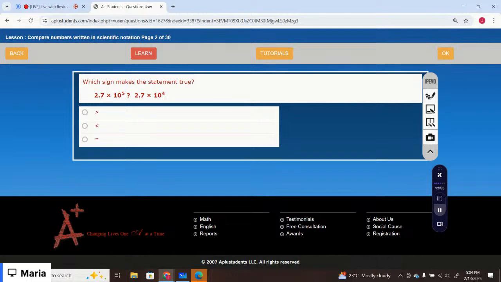Which sign makes the statement true? 2.7 times 10 exponent 5 and 2.7 times 10 exponent 4.